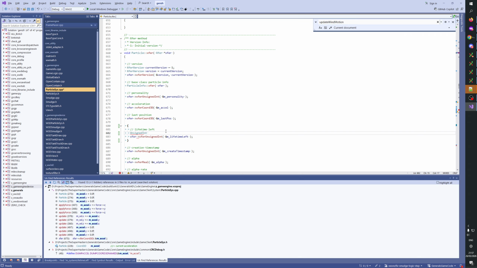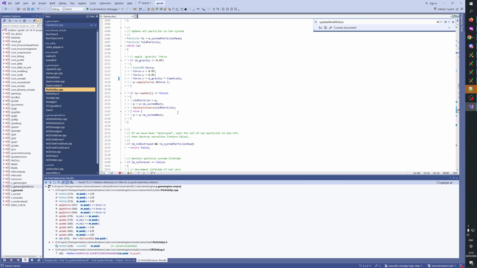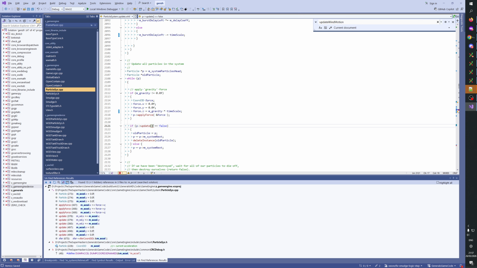Unsigned int. Time left is the max 0. Okay. Update timescale.